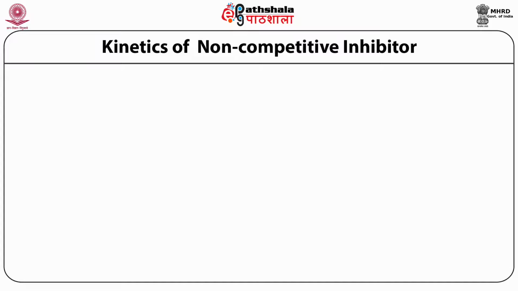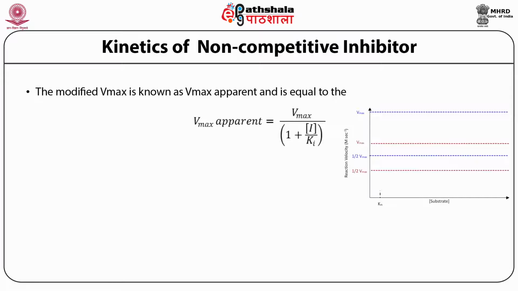That means we have modification in the Vmax. Therefore, the modified Vmax in the presence of non-competitive inhibitor is known as apparent Vmax, and apparent Vmax is equal to Vmax divided by 1 plus I upon Ki, and this is the factor which is responsible for non-competitive inhibition.